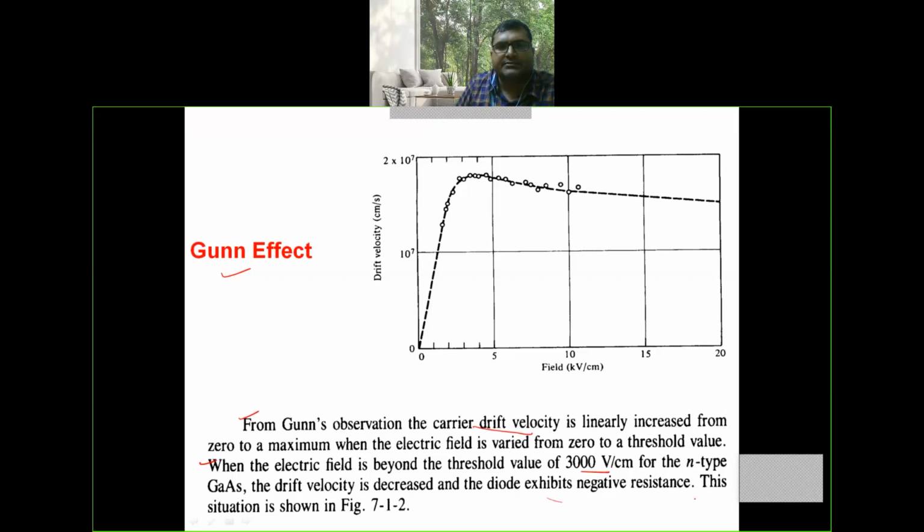This situation is shown in the figure. That is, when the applied electric field reaches 3 kV per centimeter, the drift velocity starts decreasing from this point.